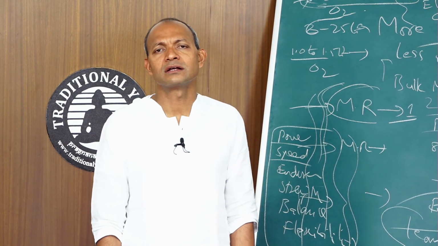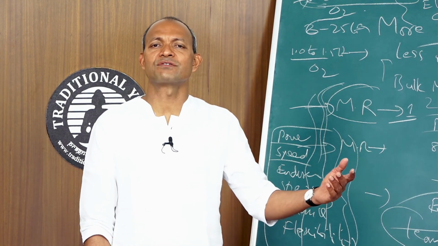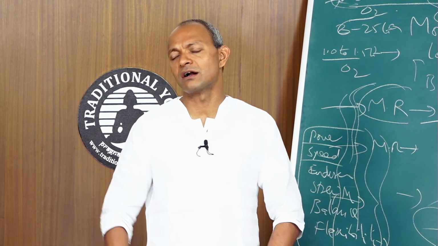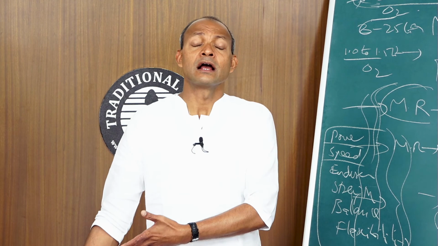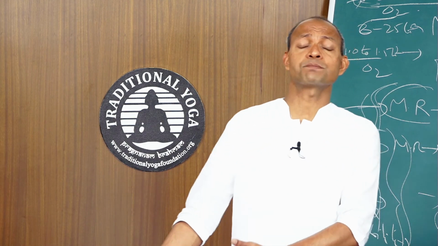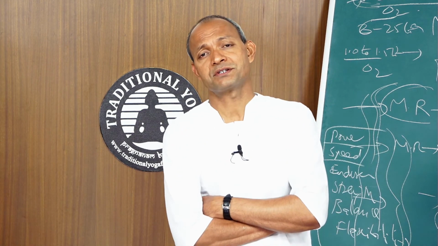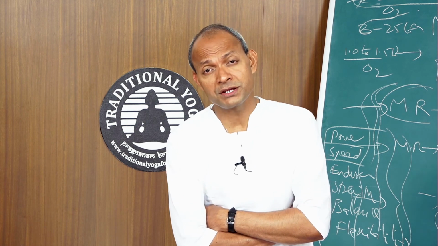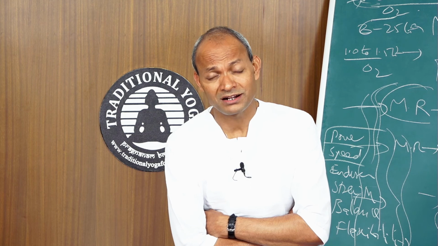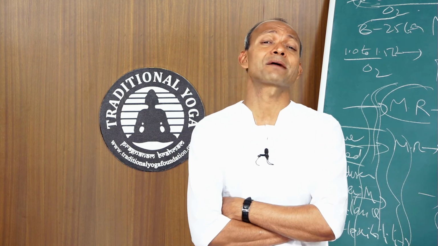So yoga is not to build creatine phosphate, not to build glycogen, or to have oxygen consumption-based aerobic capacity. I am not talking about oxygen consumption-based aerobic capacity. I am talking about conservation-based aerobic capacity.